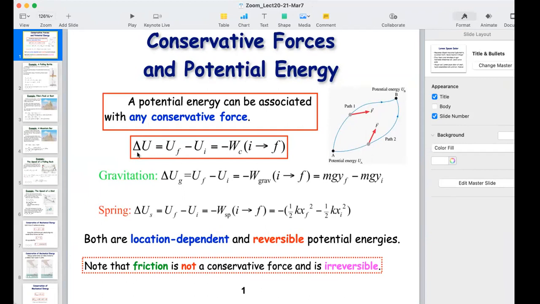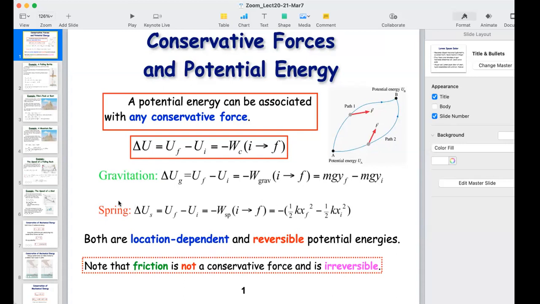Delta U is U final minus U initial, which is equal to minus the work done. The gravitational potential energy is normally mgy final minus mgy initial, where y final is the final position and y initial is the initial position.